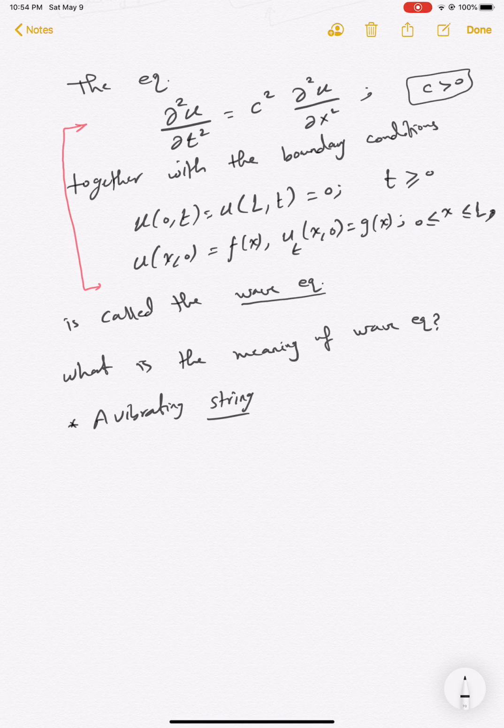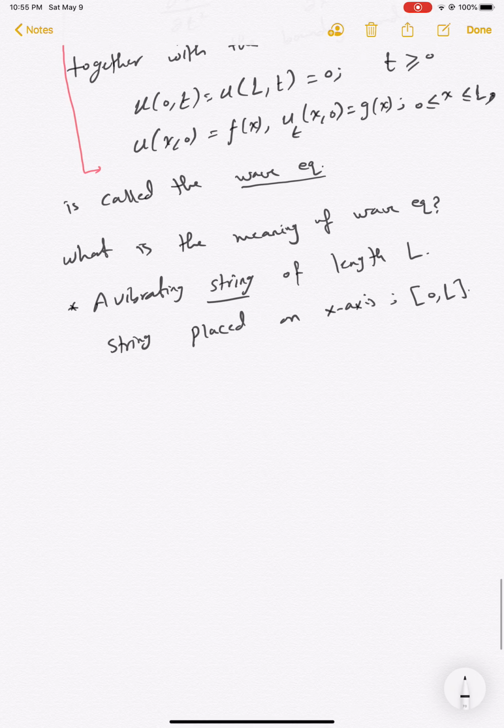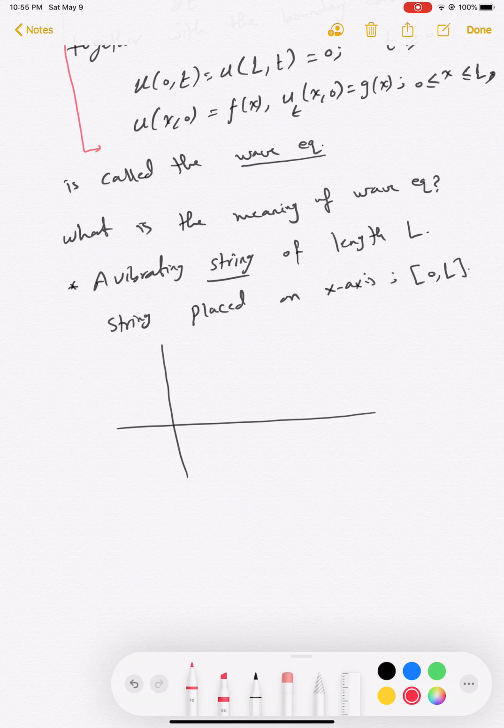We're not going in this direction, but we have a vibrating string. This string has length L. This string is placed on the x-axis, and because its length is L, it is placed from 0 to L. So if you imagine the xy plane, where is my string?